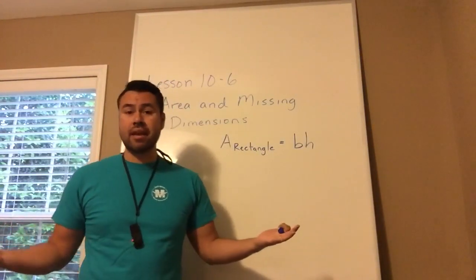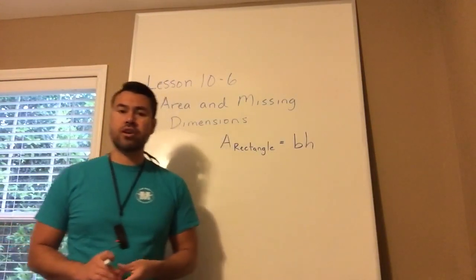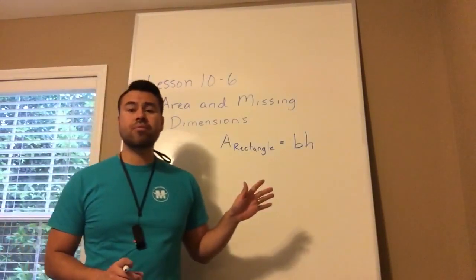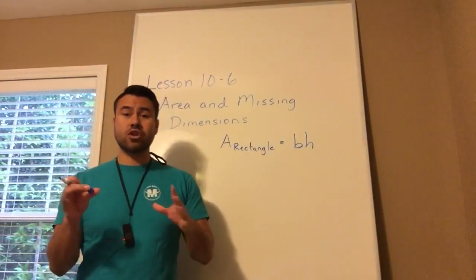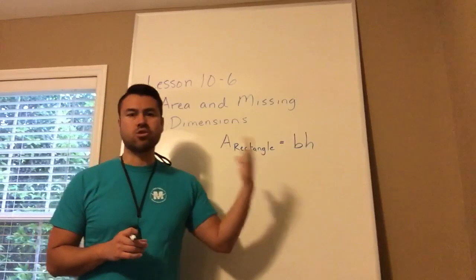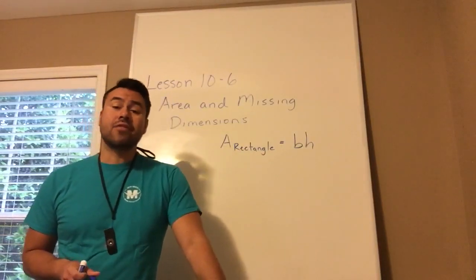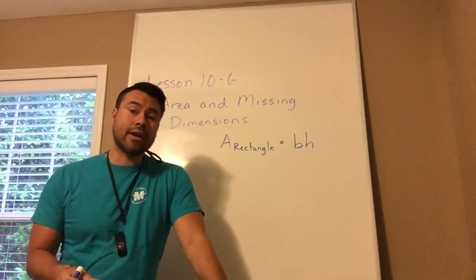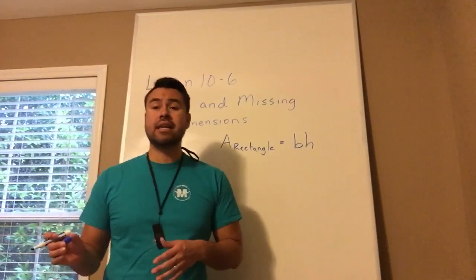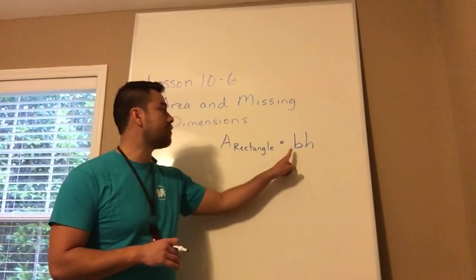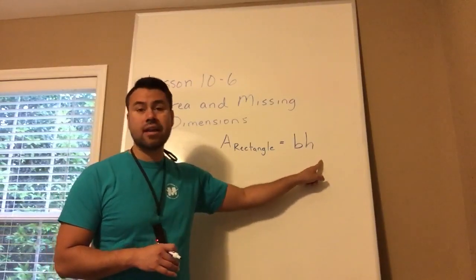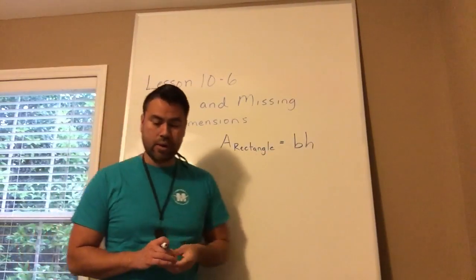It's the same thing. In this lesson, we're going to give you the figures. You're going to have to remember if it's a rectangle, triangle, or trapezoid, and then we're actually going to give you the areas, and you have to find the missing dimensions. So you're going to have to find the base or the height because they already give you the area of that figure.